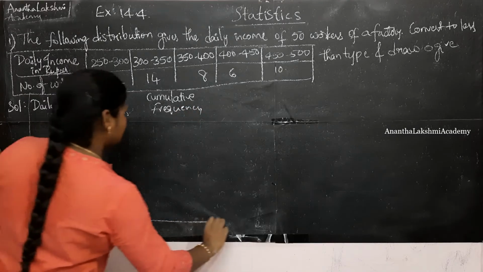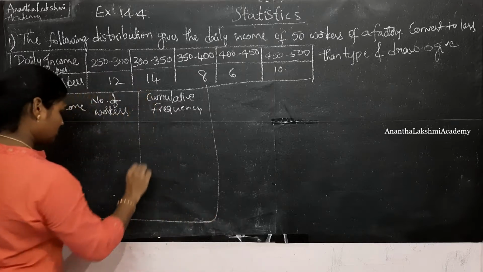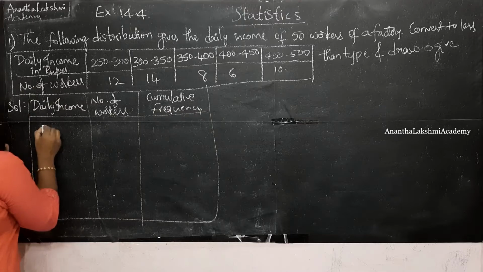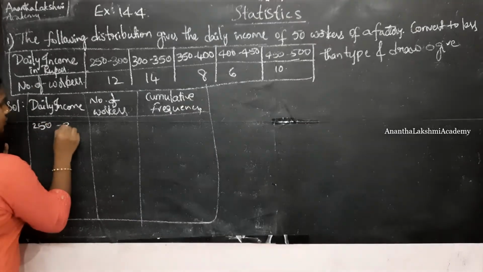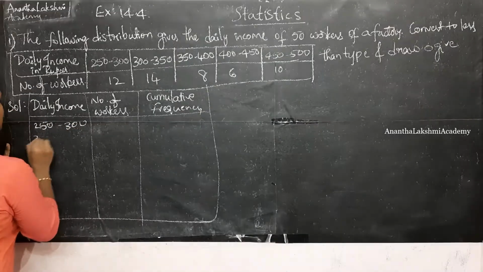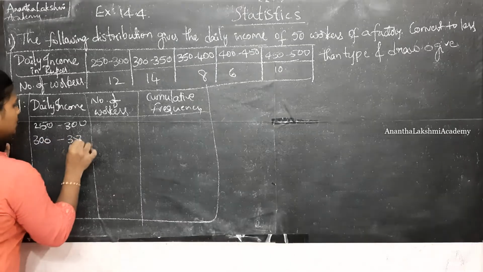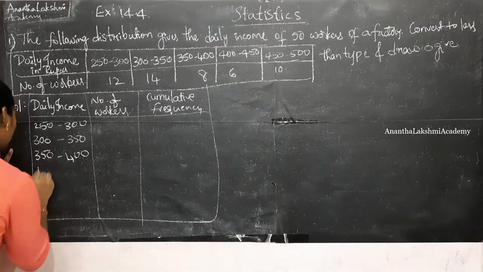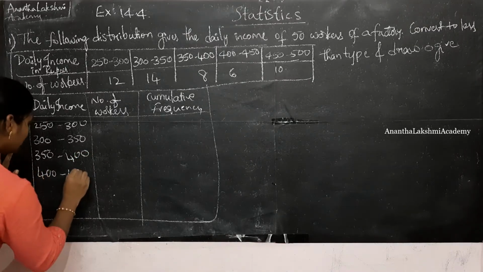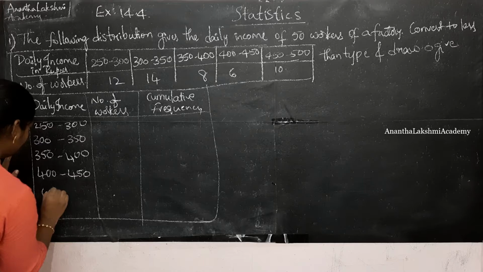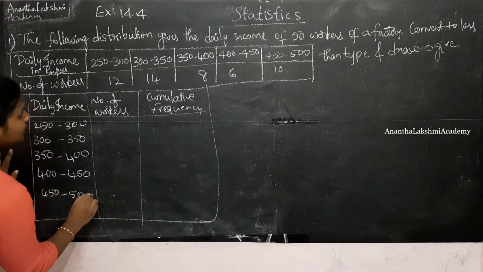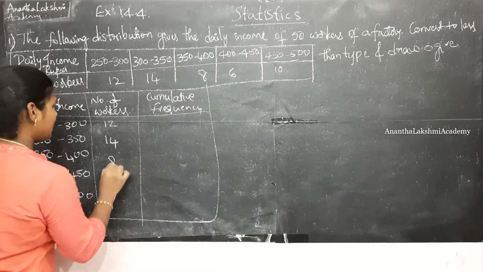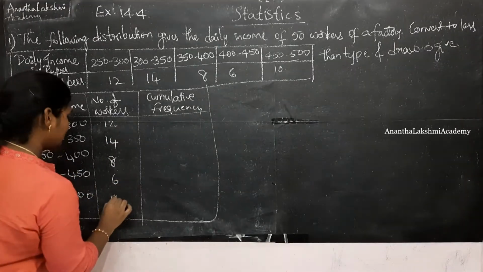So in this section we have, what is the first one? 250 to 300, 300 to 350, 350 to 400, 400 to 450, and 450 to 500, isn't it? Right, the corresponding frequencies are 12, 14, 8, 6, and 10.